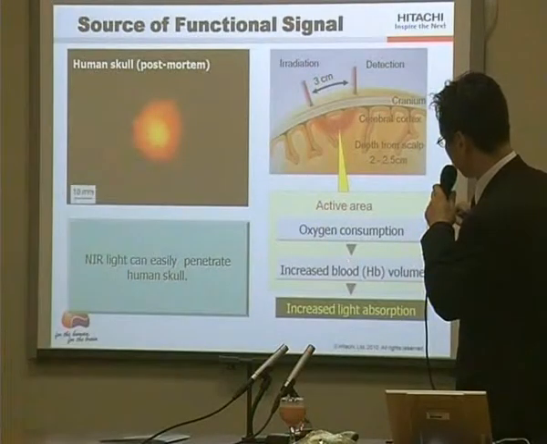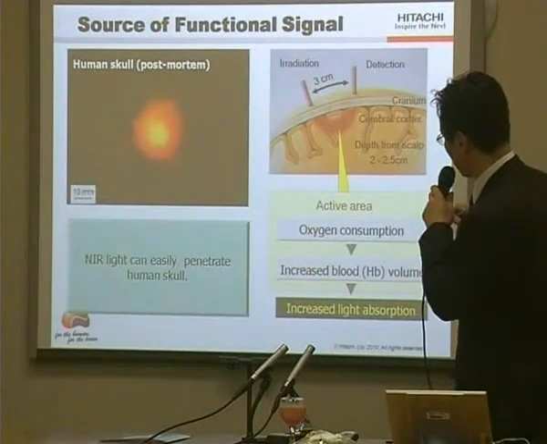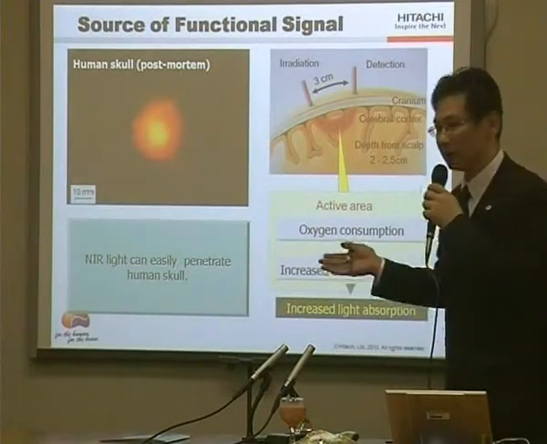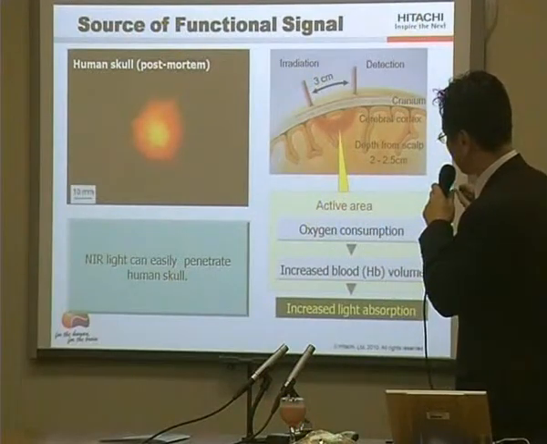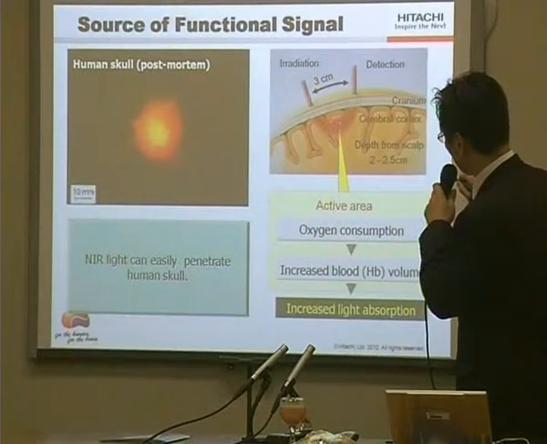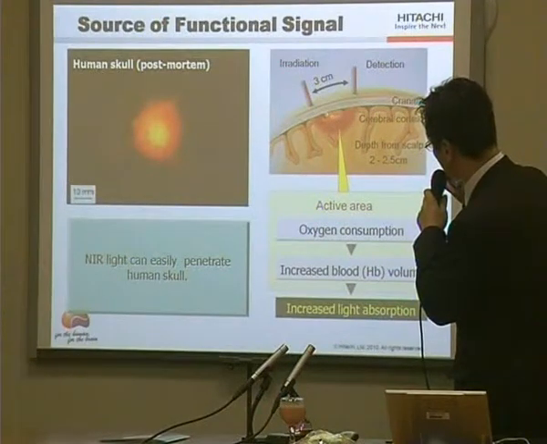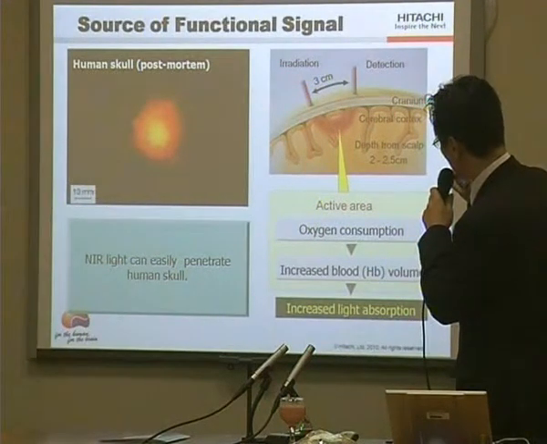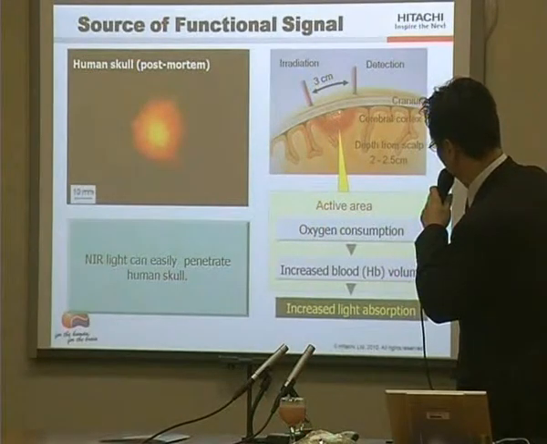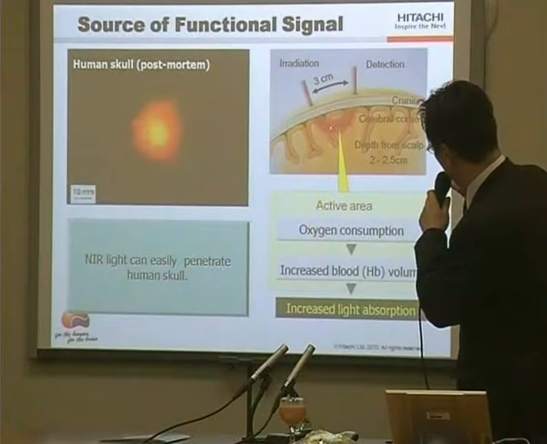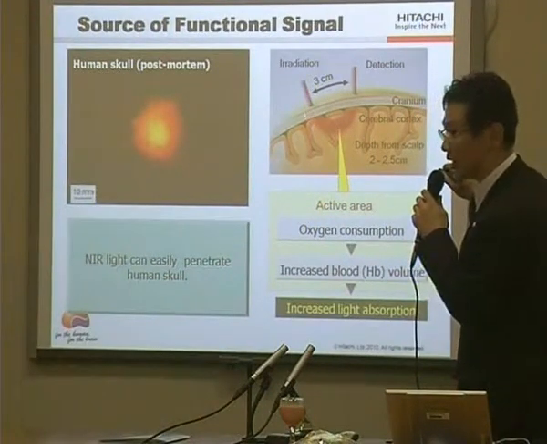Then the blood increases regionally in order to supply oxygen to the activated area. So if this area was activated by something, blood comes here, and the light was absorbed by blood.